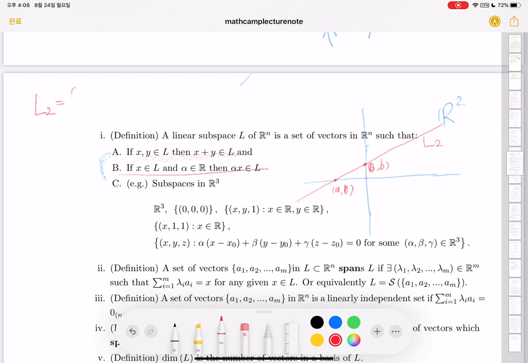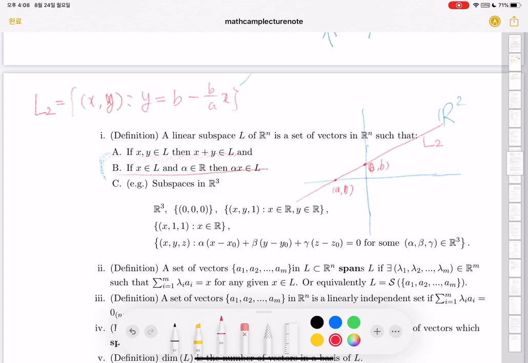Then L2 is a set of x, y values such that y is b minus b over a x.